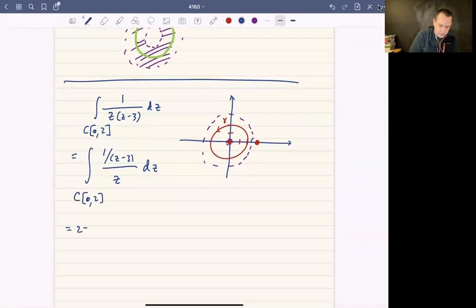And this is going to be 2 pi i times whatever our function is up in the numerator at 0, because this function is holomorphic on G, because G doesn't include 3. So you can take this 1 over z minus 3 quantity and plug in z equals 0, and you're going to end up with negative 2/3 pi i. That's what this integral would work out to.